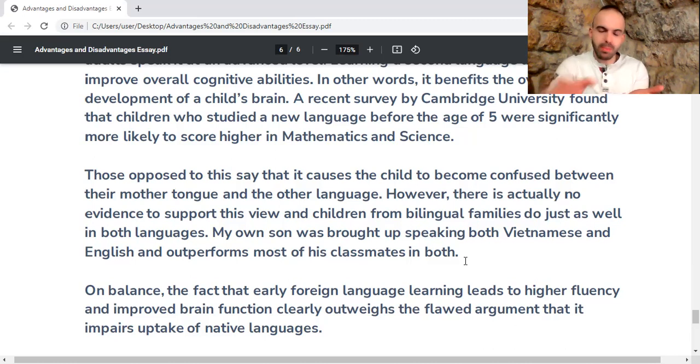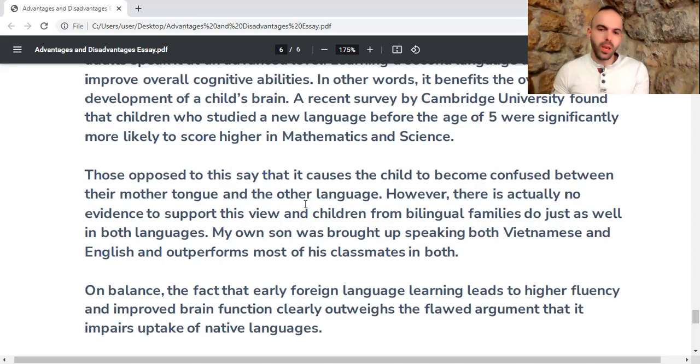So as you can see, the explanation and the example are matching. But the explanation and the example are not matching with the actual topic sentence here, which is confusion, okay? So as you can see, you write the main disadvantage as it is, but now you have to not support it in the explanation. You need to do the opposite, and you need to continue this in the example sentence, okay? So amazing, it was an amazing paragraph.